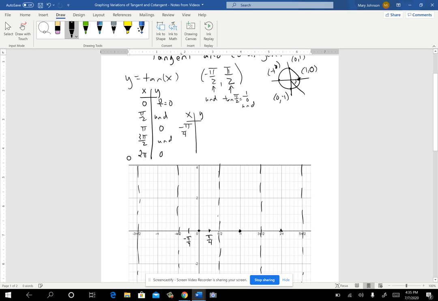On a unit circle, that would be square root of 2 over 2 with a negative square root of 2 over 2. Tangent is y over x, so that would be negative 1. And a positive pi over 4 would be here, so that would be positive 1. So when you're over here, you're up at 1. When you're over here, you're down at negative 1.